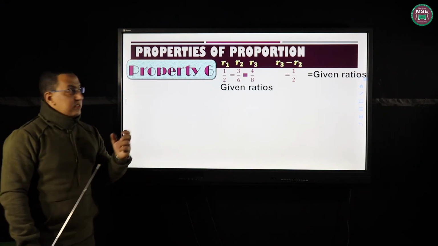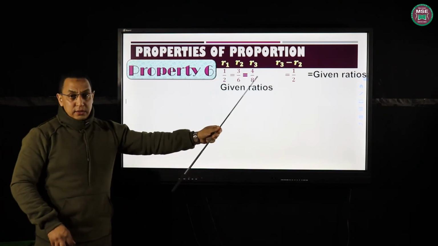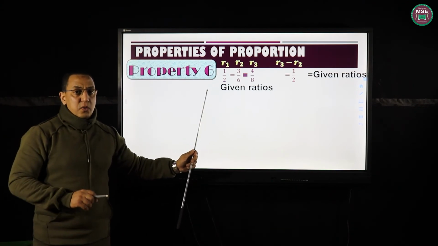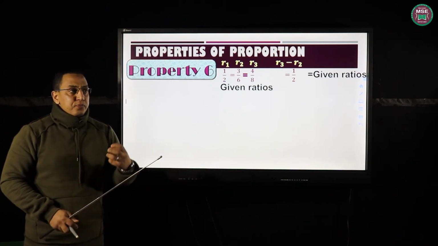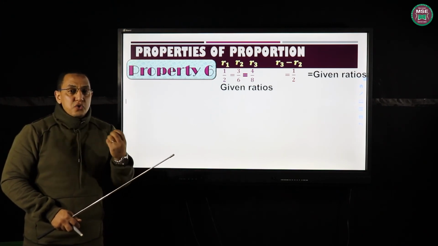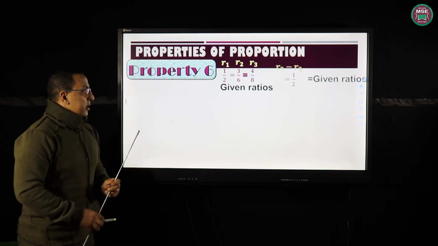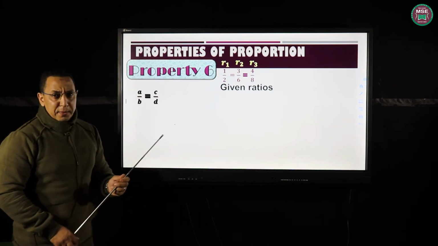When we make a change to the antecedents together and make the same change with the consequents, we conclude a new ratio equal to the given ratios. Okay, and I'm going to write the property like this.